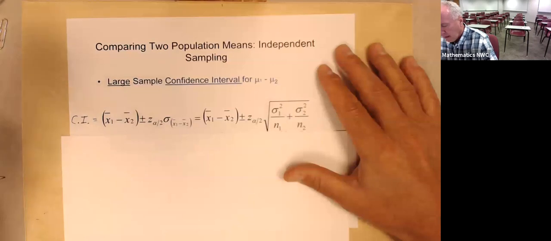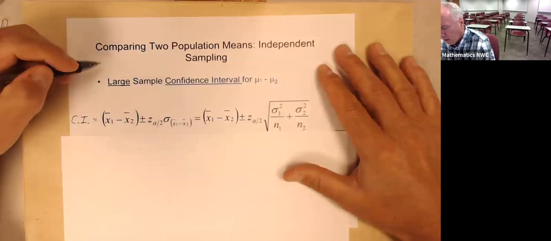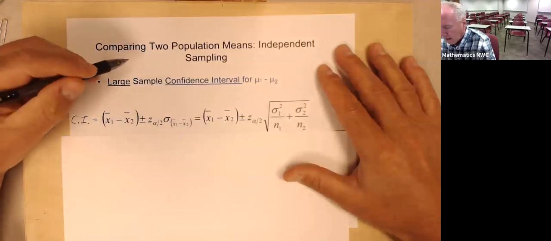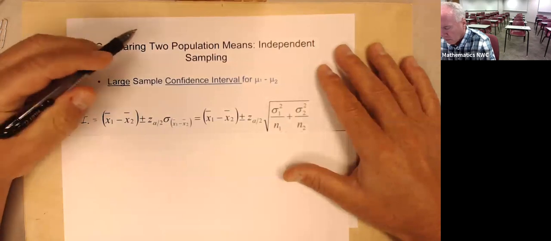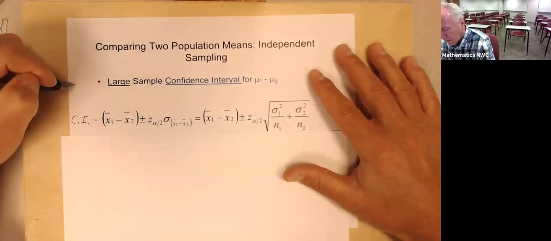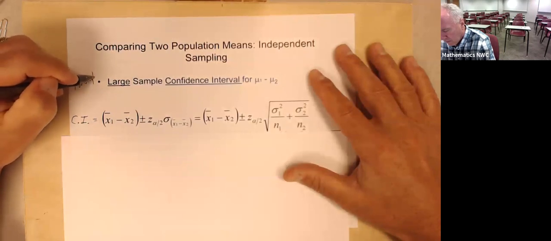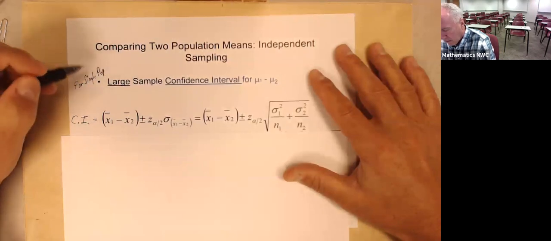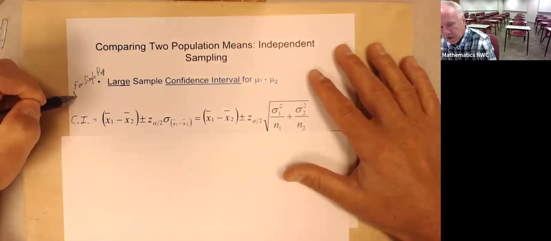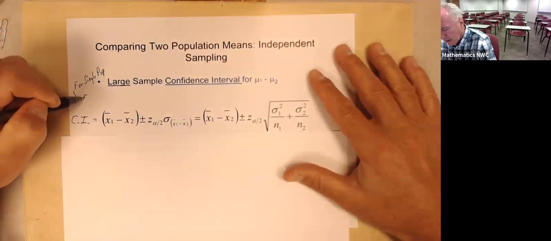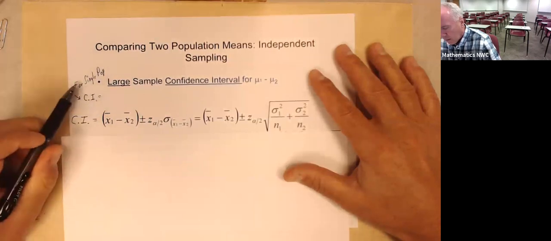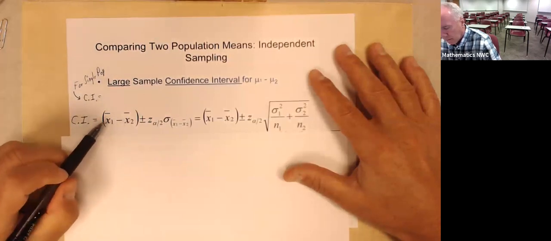First of all, I would like you to recall a confidence interval, large sample, for a single population. For a single population, I just need you to compare these two now. Well, for a single population, I didn't compare a difference.